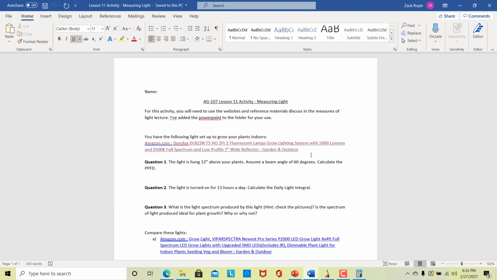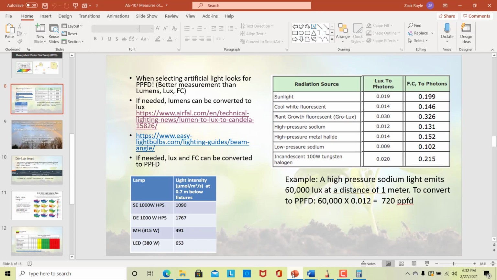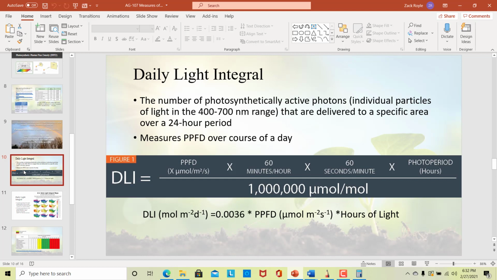Now, if we go to the next question, that's question number 2, we need to calculate the daily light integral. So the daily light integral is essentially that PPFD, so how much light is landing on your plants throughout the entire day. And to calculate that, you once again need to go back to your PowerPoint, and you see the equation down here.